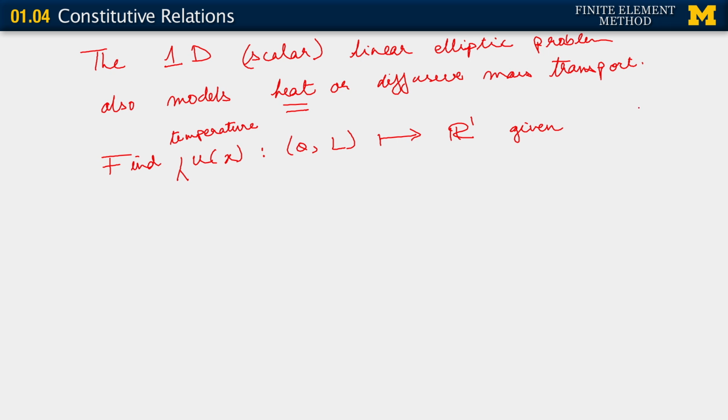Given u0 and ug, or now, I want to reserve T for traction. So for the other boundary condition that we could have in the context of heat conduction, I'm going to use J bar. We're given these.